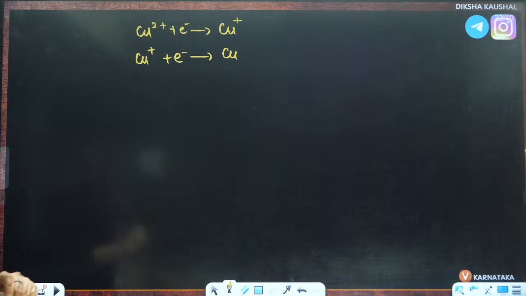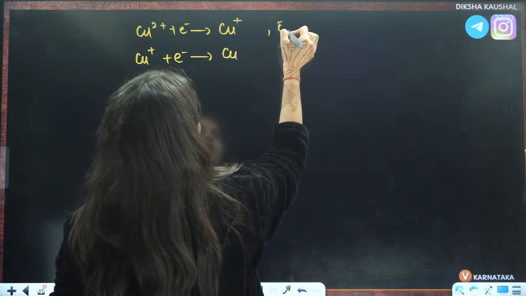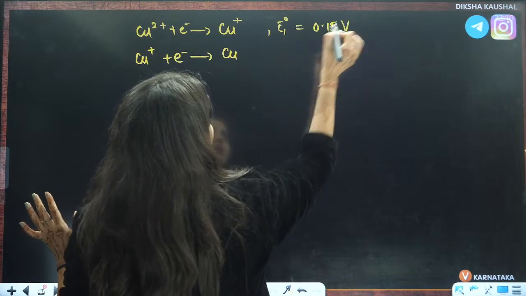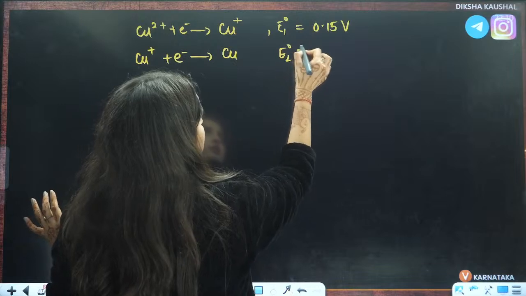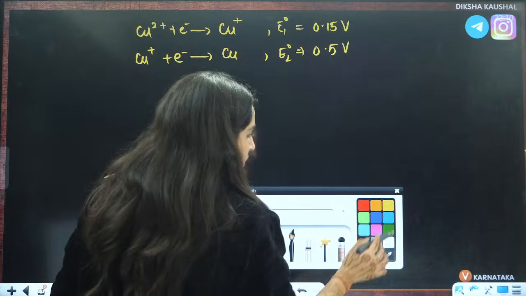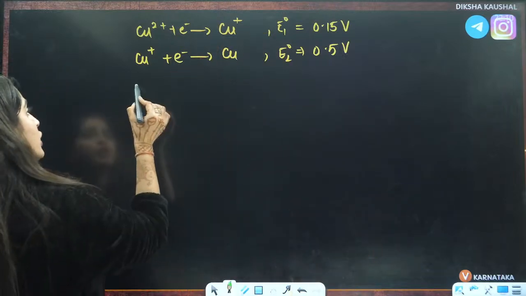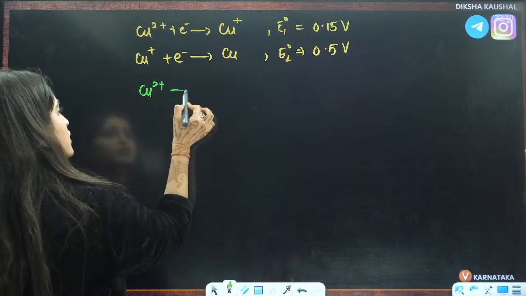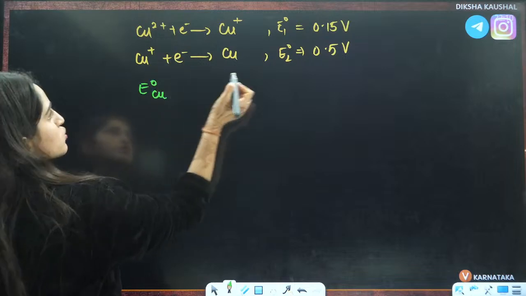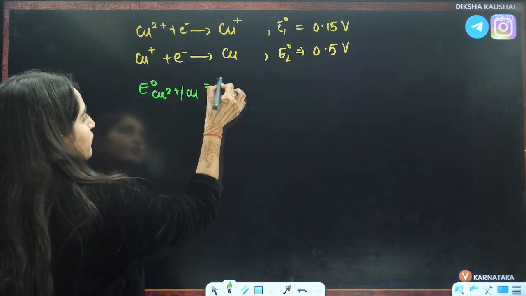Here E naught 1 is 0.15 and E naught 2 is 0.5, right? Now this is E1, this is E2. They are asking you the E naught of Cu2+ to Cu.